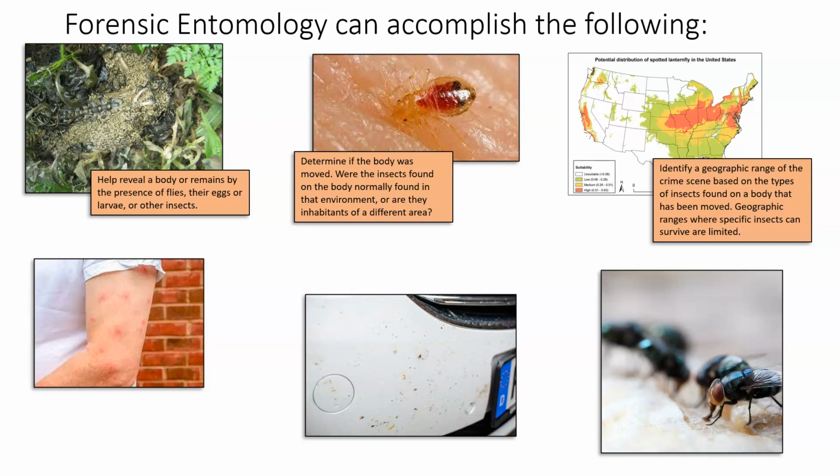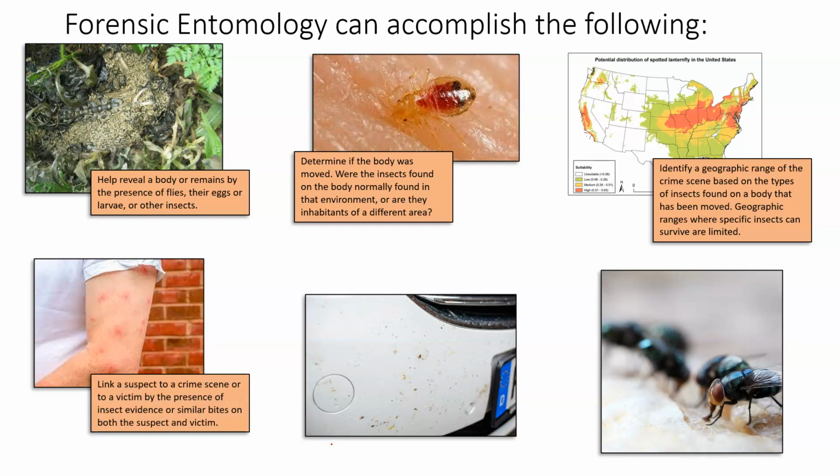Specific insects have specific geographic ranges they have to stay in and survive in. So if those insects are moved with a body, it can lead us back to the geographic range where those insects should be living, which gives us an indication of where the primary crime scene took place.